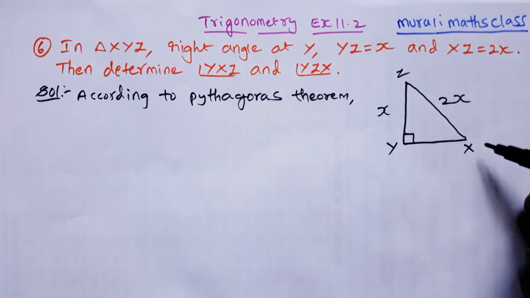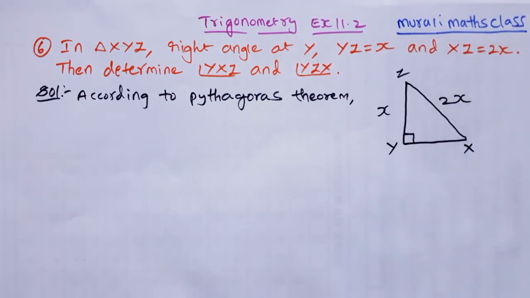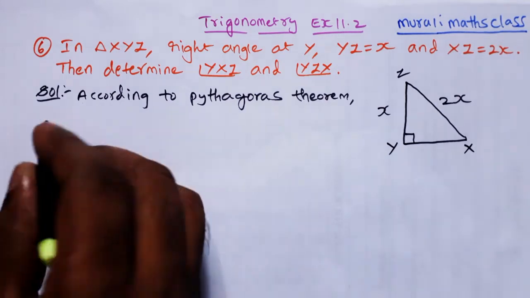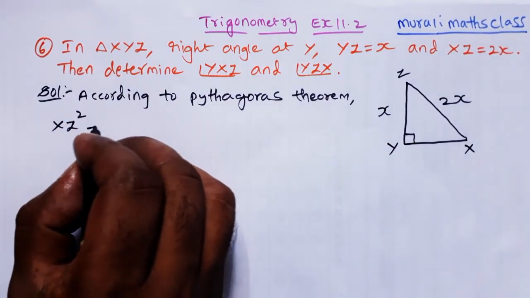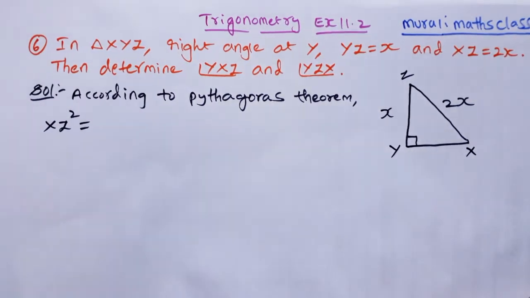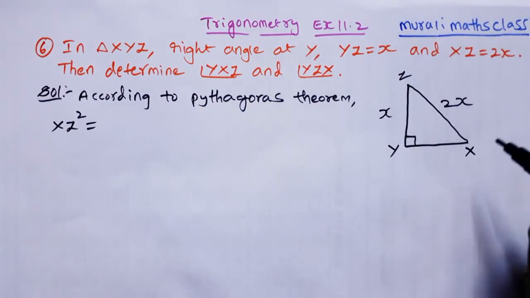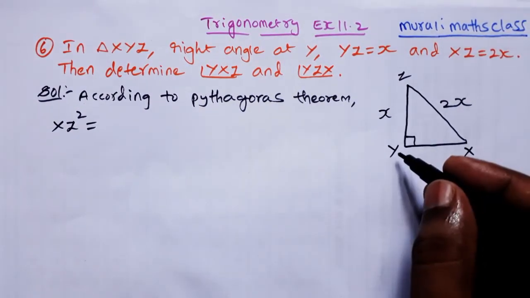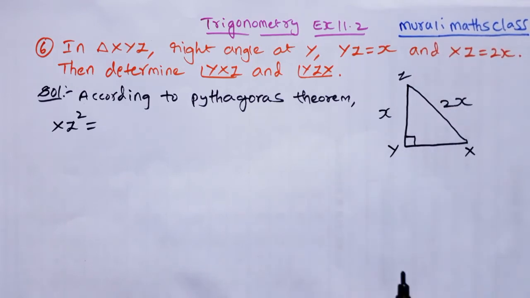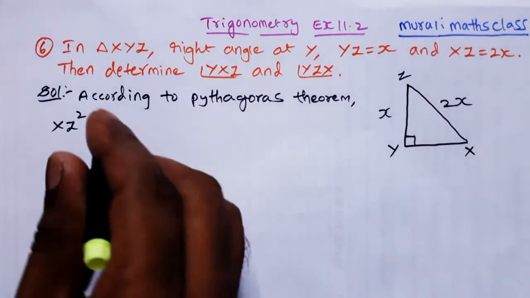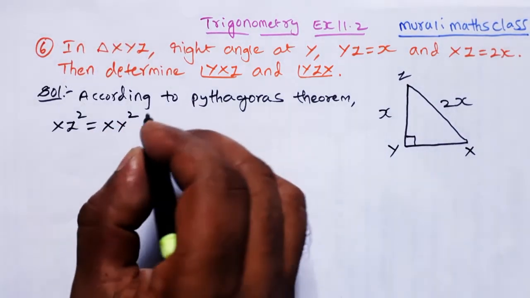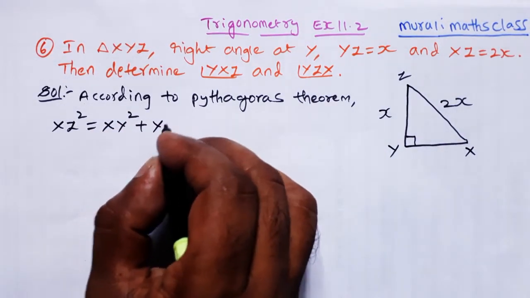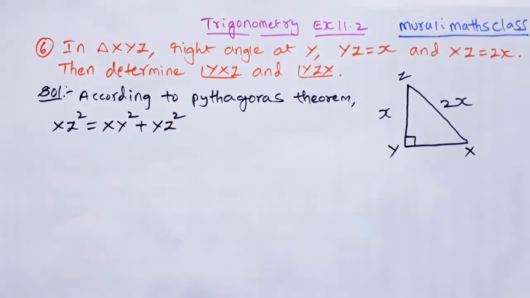Hypotenuse square, that means XZ square, equals XY square plus YZ square. So this is the statement of Pythagoras theorem.